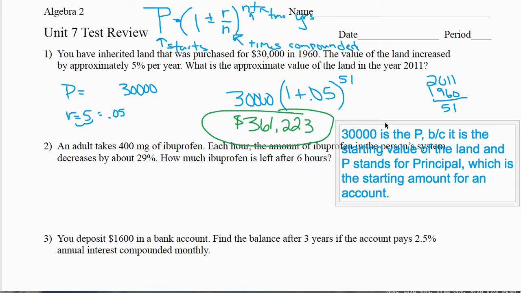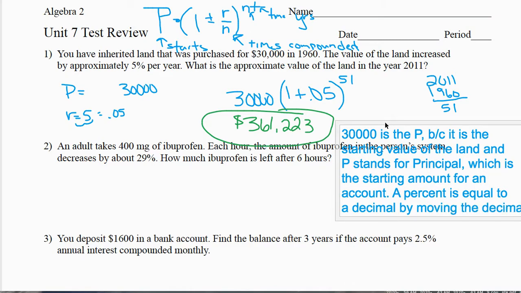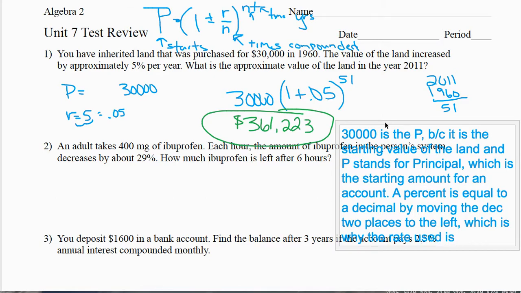You could talk about rate. So a percent is equal to a decimal by moving the decimal two places to the left, which is why the rate used is 0.05, sorry, and not 5%.